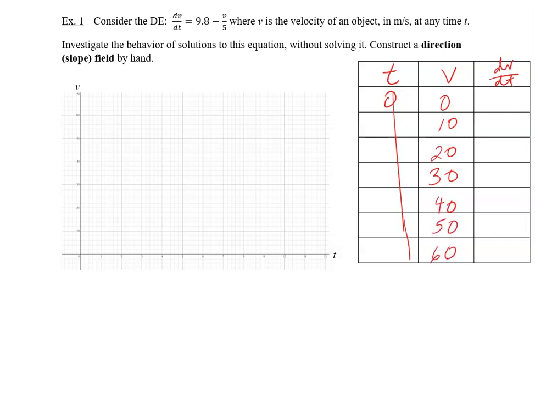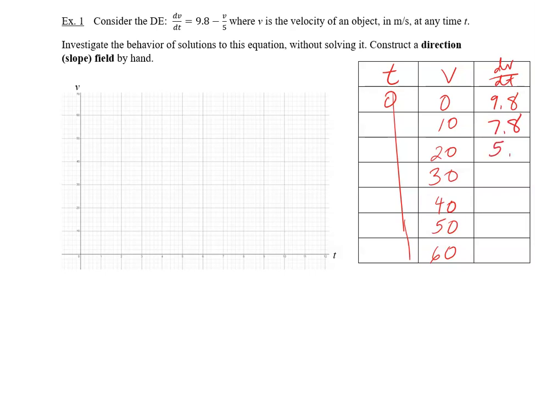All right, so if we put in 0 for v, we literally plug this into the differential equation and calculate the slope. If I put in 0 for v, I get 9.8 for dv/dt. If you put in 10, 10 divided by 5 is 2, and 9.8 minus 2 gives you 7.8. And it's going to follow that pattern going down.